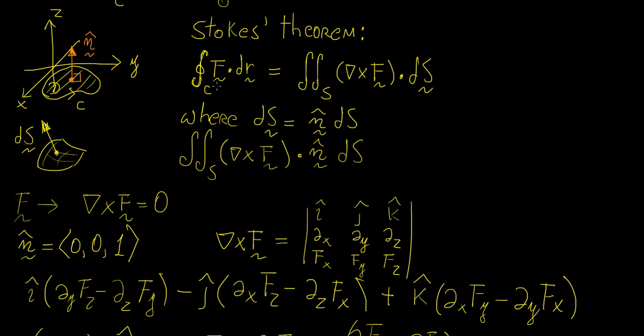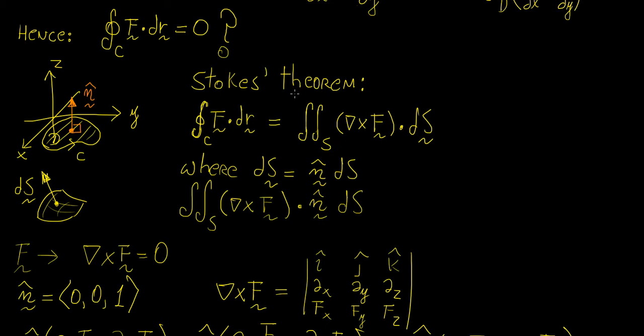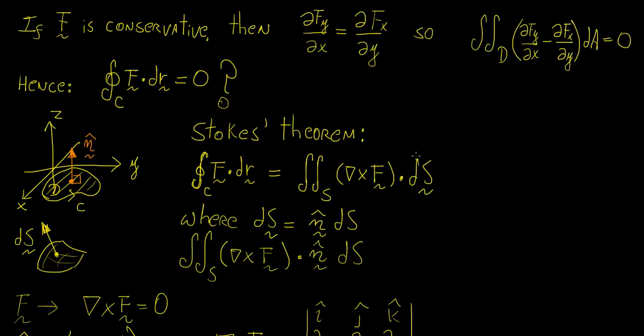So if I have a closed contour, and the vector field f is conservative, which means that its curl is 0, then Stokes' theorem tells you that the line integral over the closed contour is going to be 0. And as a result, Green's theorem is going to tell you the same thing, because Green's theorem is derived from Stokes' theorem. So it's like a special case of it.